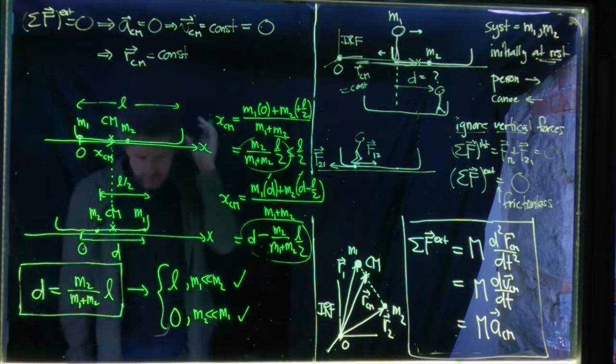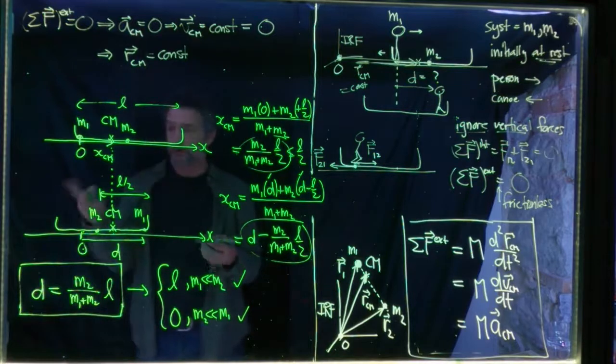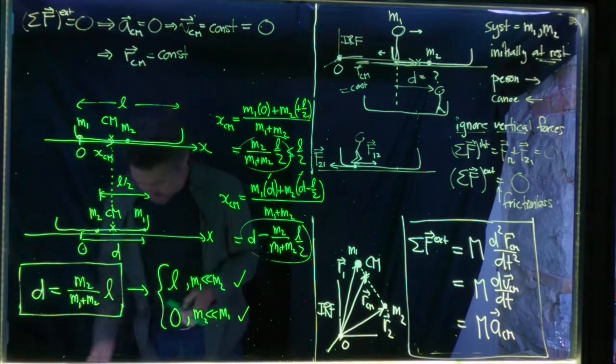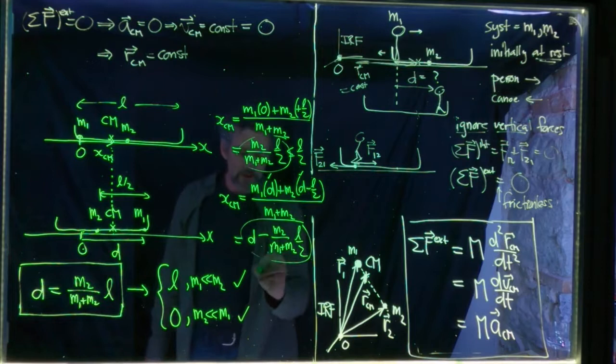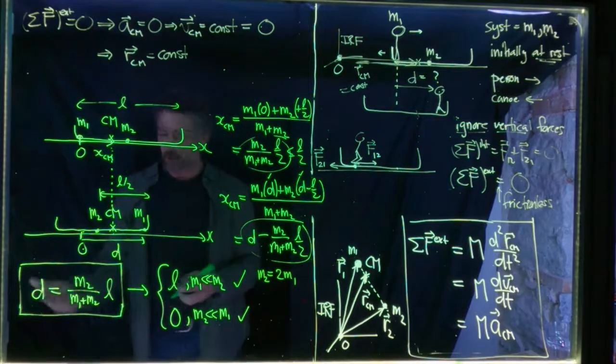Okay, and as a final example, we could consider a concrete example. Suppose that m1 is equal to, let's say, twice m2. The canoe is twice as massive as the person. What will d be?